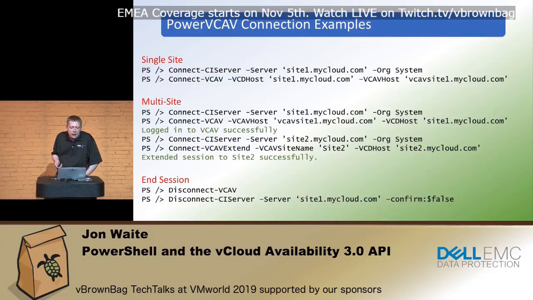So here are some examples of how you actually use this. Generally you'll use a PowerCLI session, Connect-CIServer, to connect to your VCD environment, and then you use the commandlet from PowerVCAV to extend that session into the vCAV realm. Once you've done that, you can connect single site or multi-site and get an authentication against the vCAV environment.